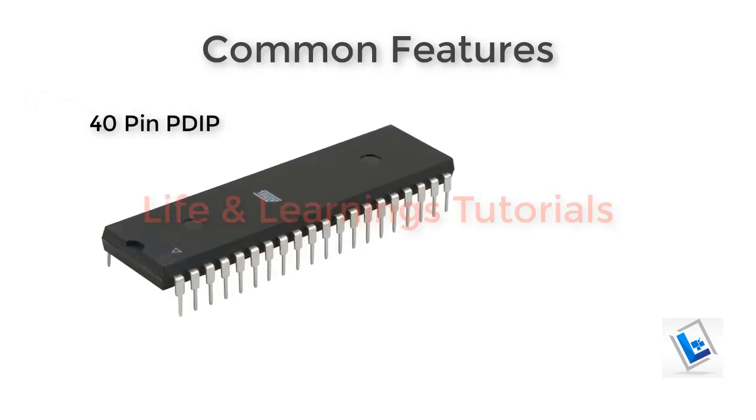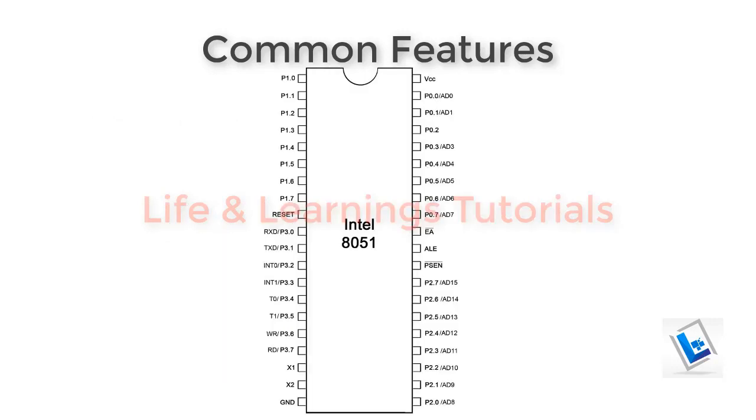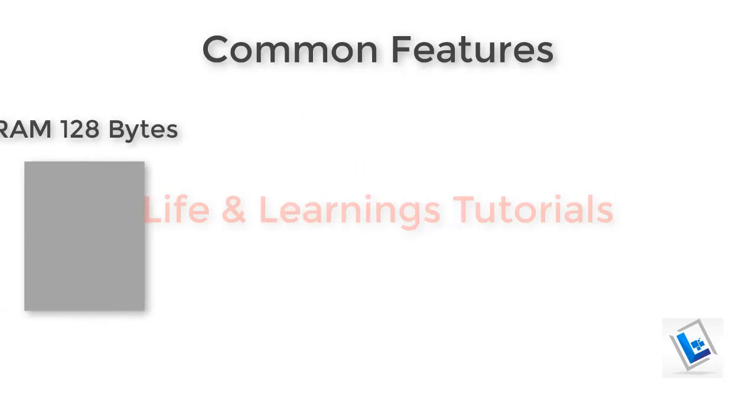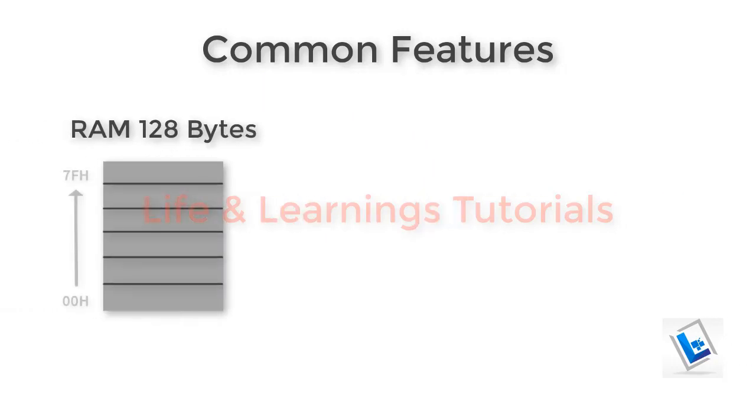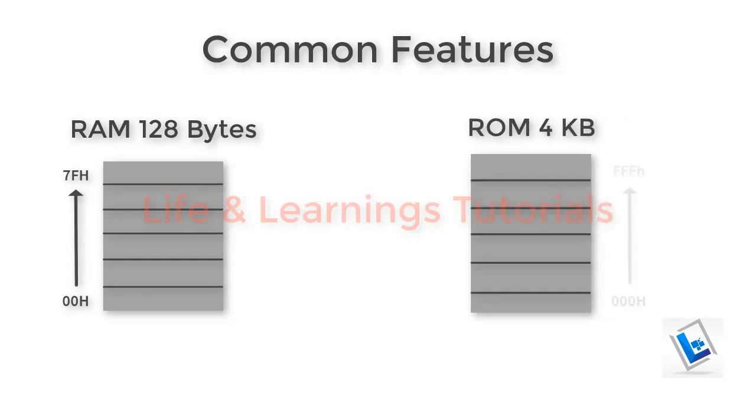First of all, it is available in plastic DIP package. The microcontroller has 32 pins arranged in 4 ports, which are known as port 0, port 1, port 2 and port 3. The original 8051 was introduced with 128 bytes of RAM for data storage and internal 4 kilobytes of ROM for program storage.